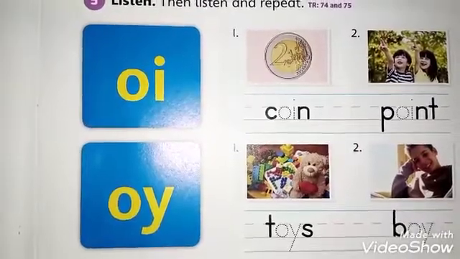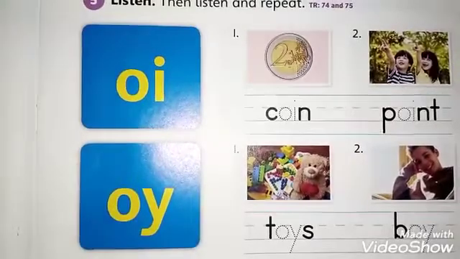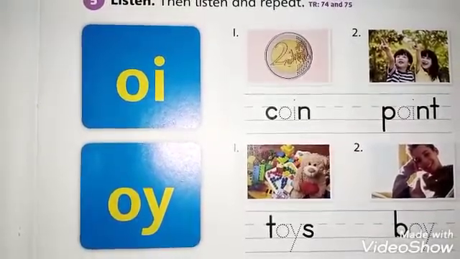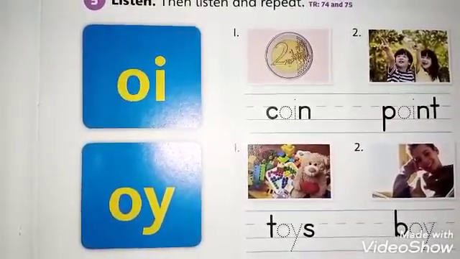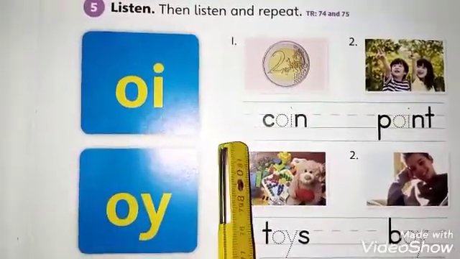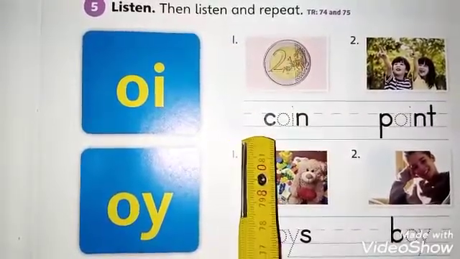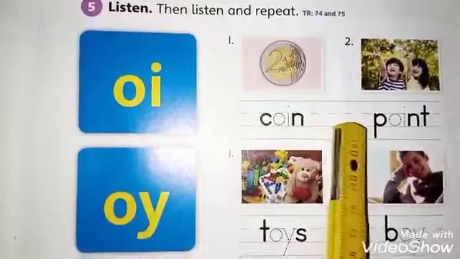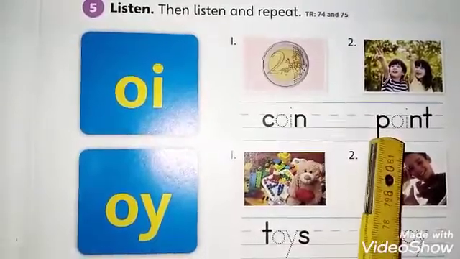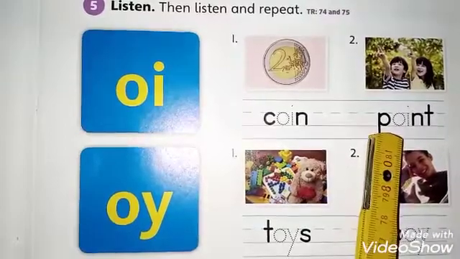Activity 5. Listen and repeat. O-I. Oi. Oi. 1. Oi. Oi. Coin. 2. Oi, oi.